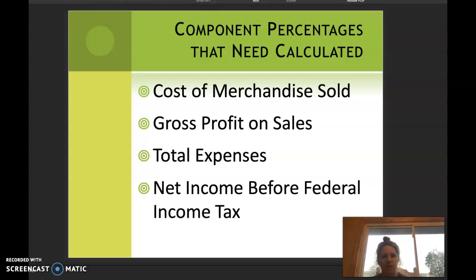So that last thing we have to do is calculate our component percentages. So we have 4 of them. We have our cost of merchandise sold, our gross profit on sales, total expenses, and then our net income before federal income tax.